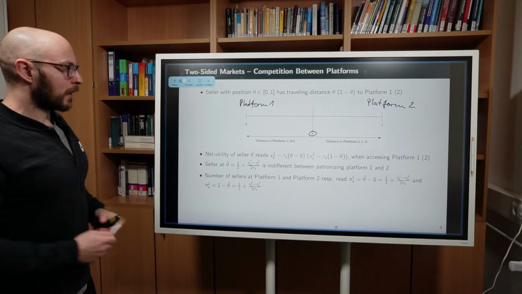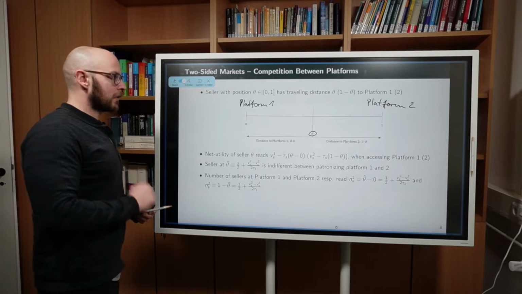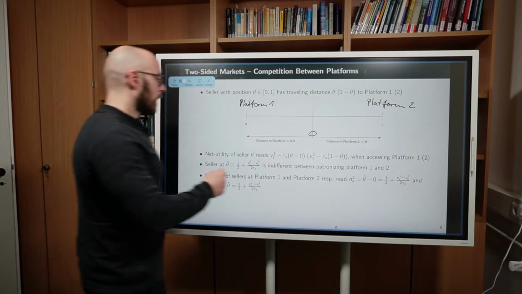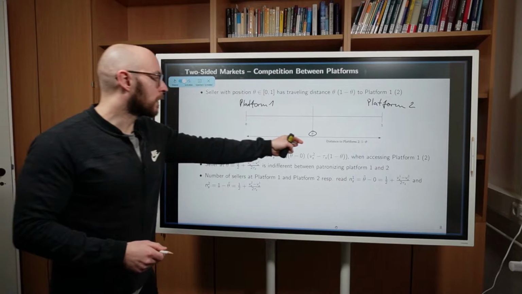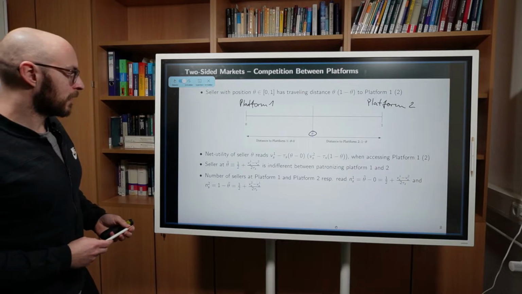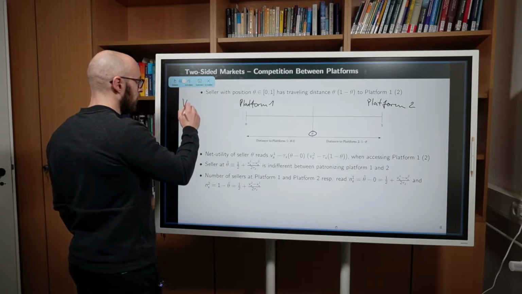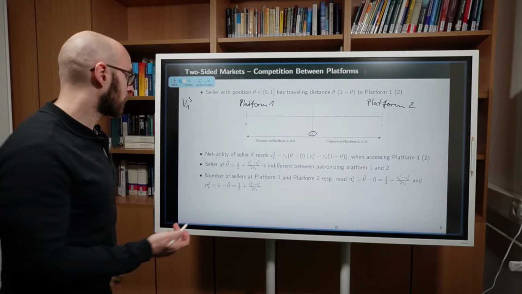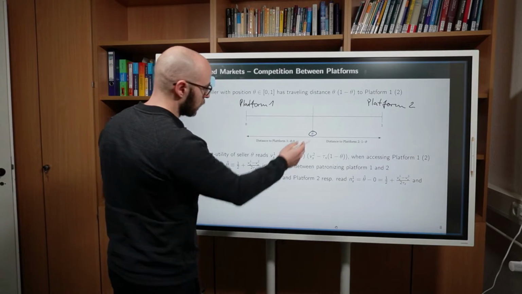Now let's get back to our abstract model here. What is the utility of the seller if it patronizes platform 1 or platform 2? So if the game developer develops a game for Xbox, or the left platform here, then it realizes the utility that it gets from releasing a game on Xbox minus the traveling distance that it incurs in order to sell at Xbox.